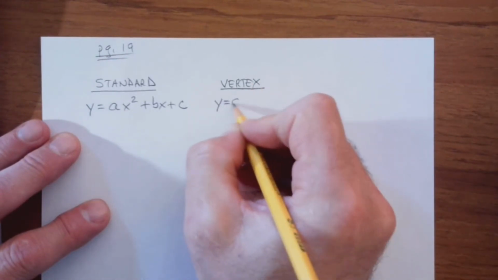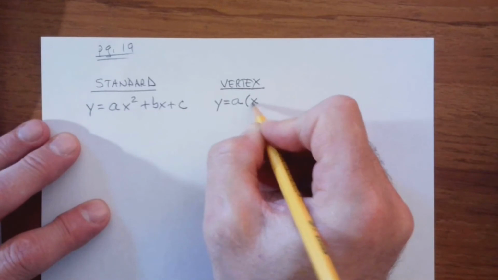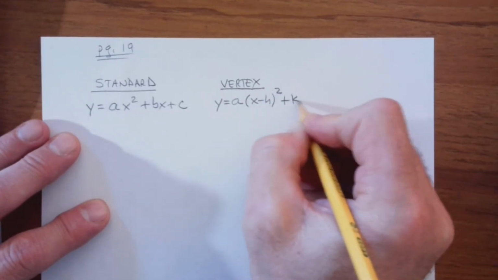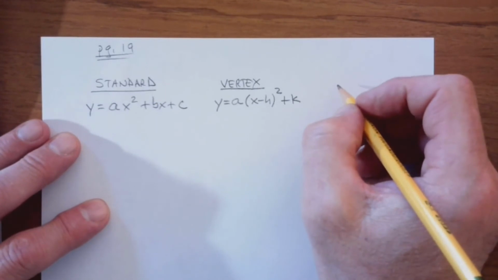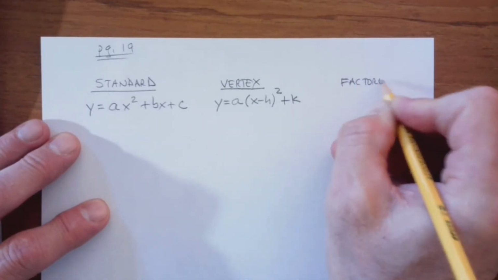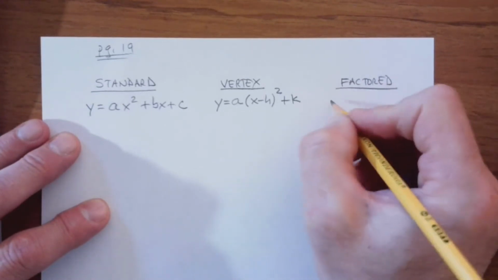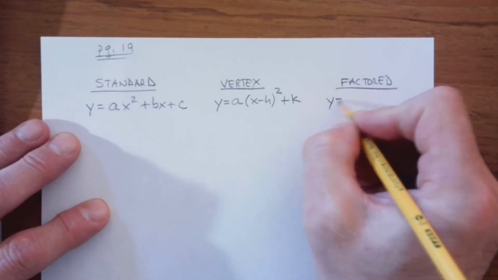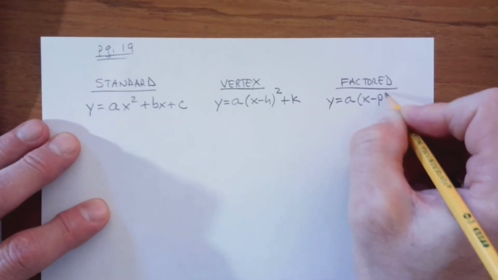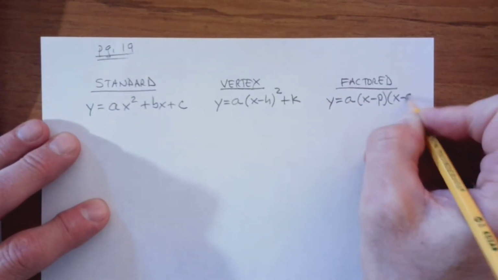Y equals a times (x minus h) squared plus k. And we have factored form, which looks like this. Y equals a times (x minus p) times (x minus q).